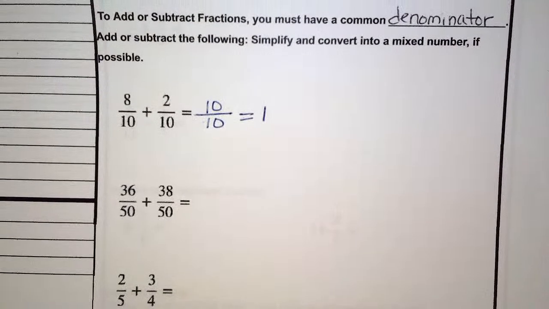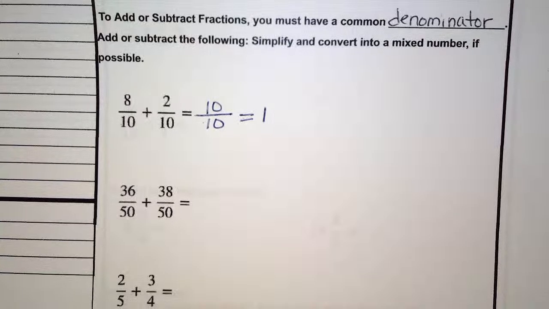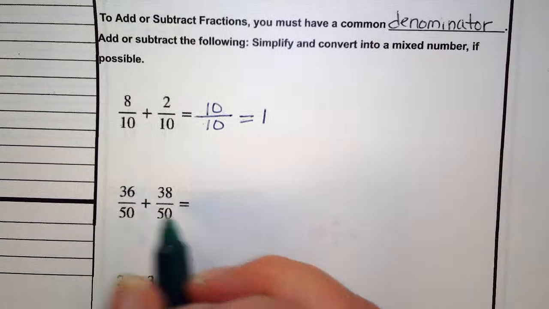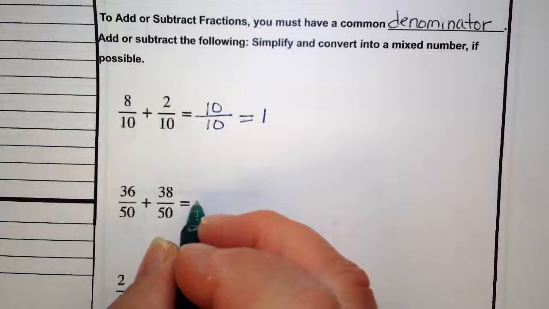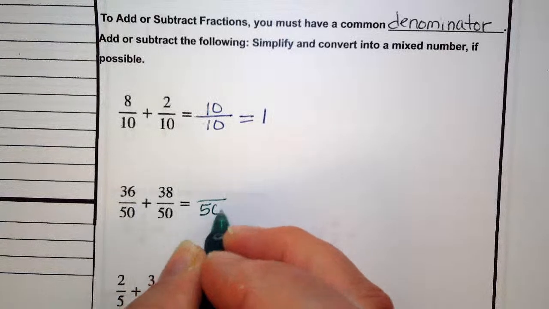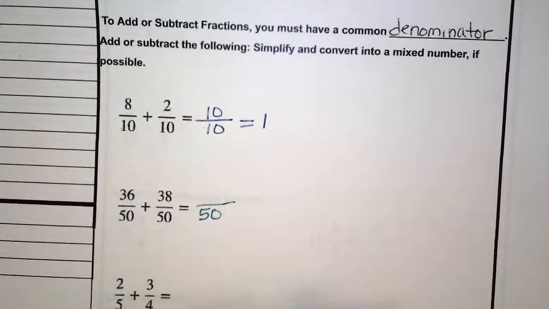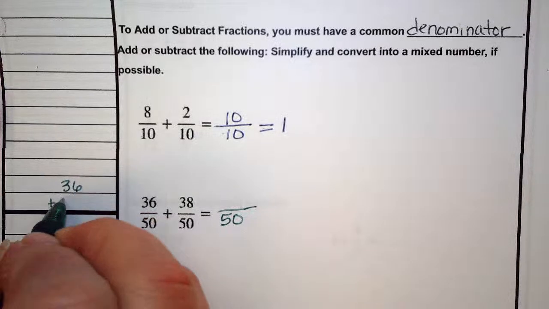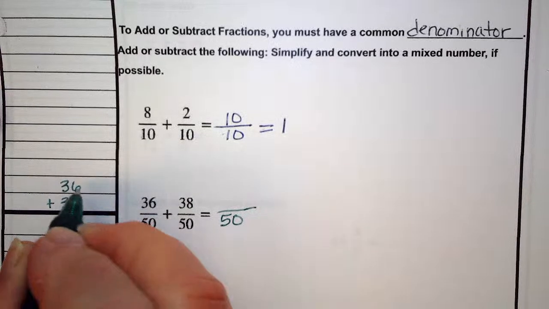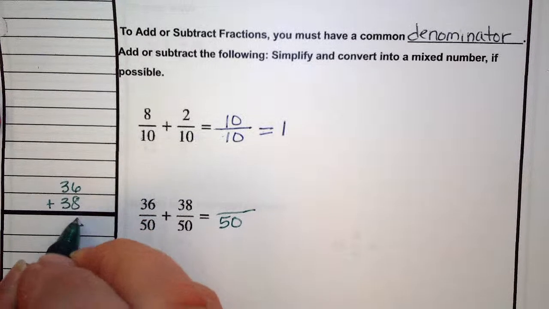For the next one, I've got 36 over 50 plus 38 over 50. So I know it's going to be over 50. What is 36 plus 38? 6 plus 8 is 14.